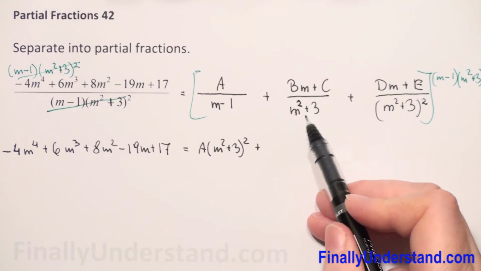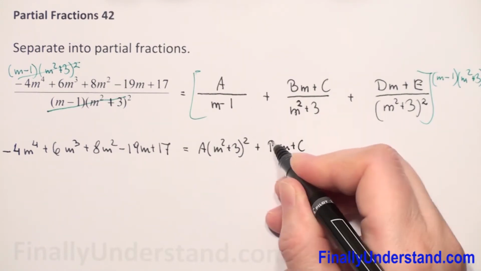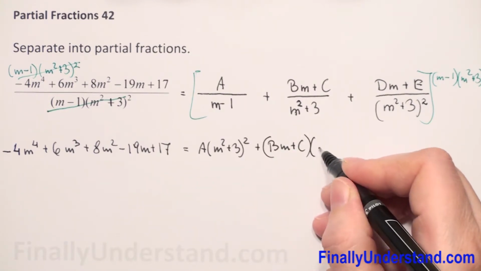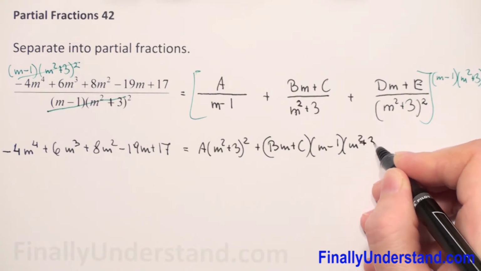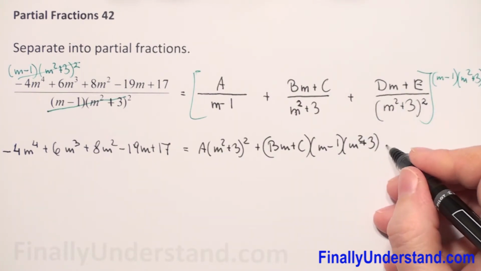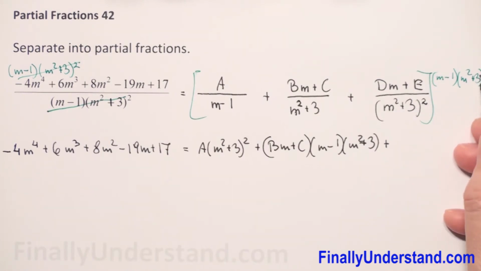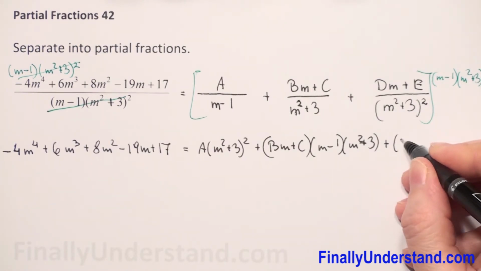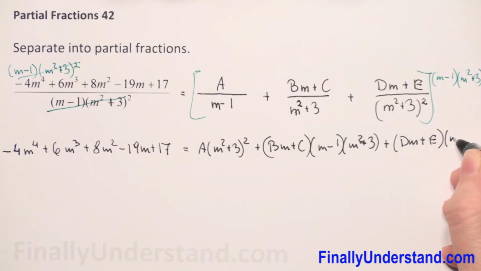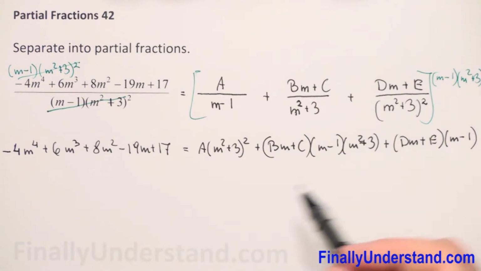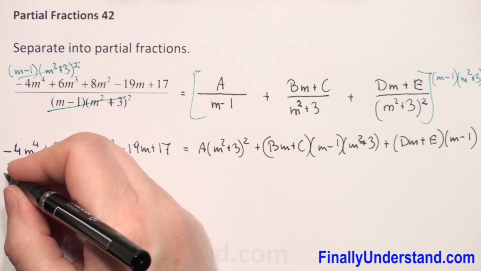Now the denominator will reduce with the square, so we have only bn plus c times n minus 1 times n squared plus 3, the first power we don't have to write, plus, and the denominator will reduce with this expression, so we will have only dn plus e times n minus 1. So now we have to do the multiplication on the right side. The left we have to rewrite.